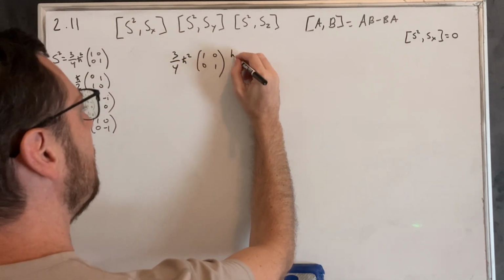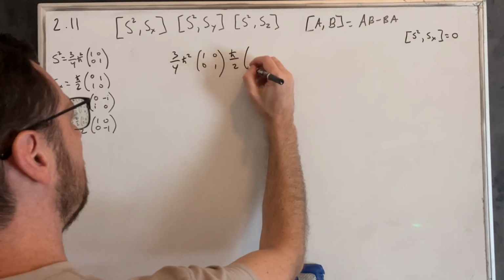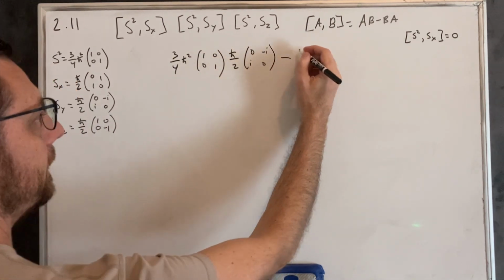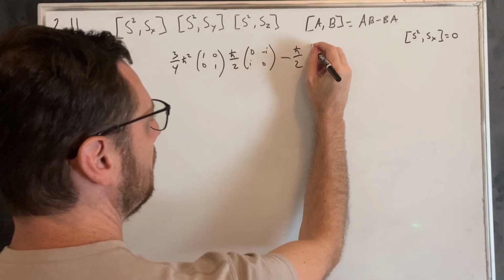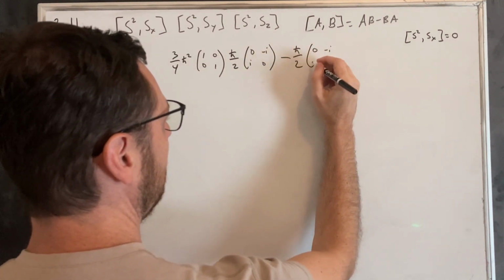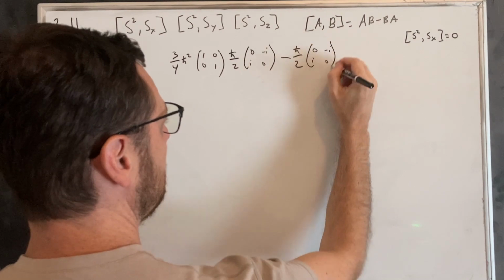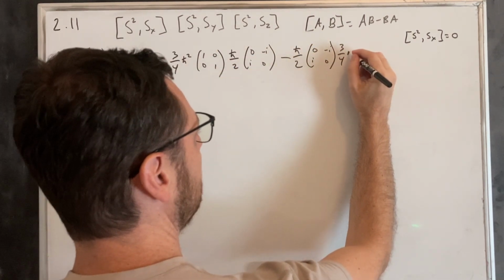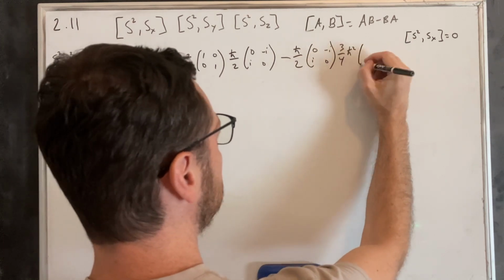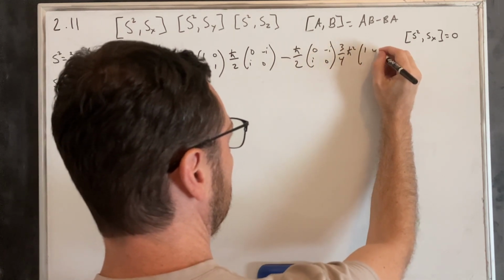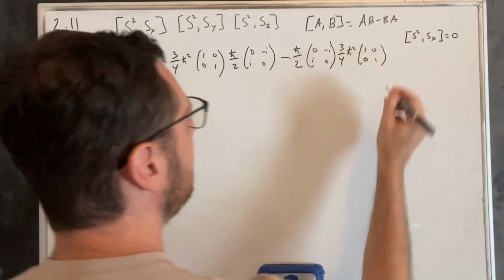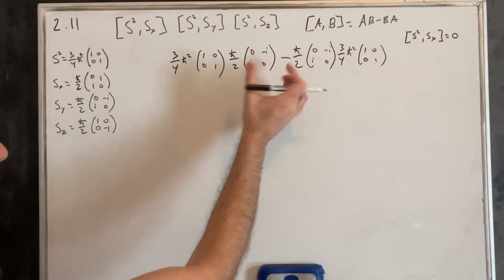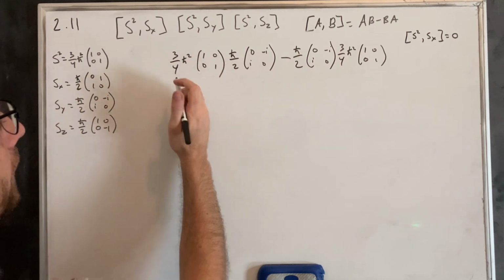So Sy is h bar over 2 times 0, negative i, positive i, 0, minus h bar over 2 times 0, negative i, i, 0, and 3/4 h bar squared and the identity matrix 1, 0, 0, 1. Because this is the identity matrix, it's like multiplying by 1. We're always going to get the same thing.